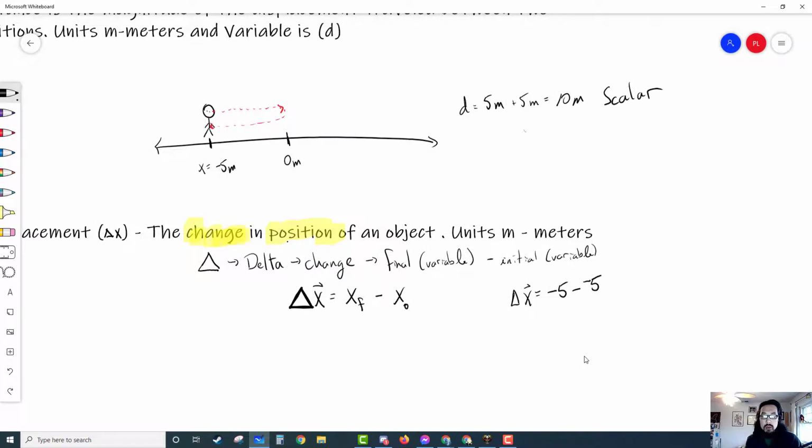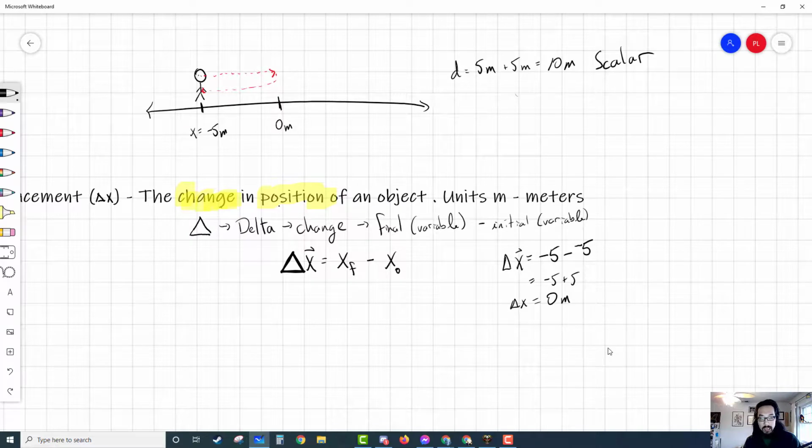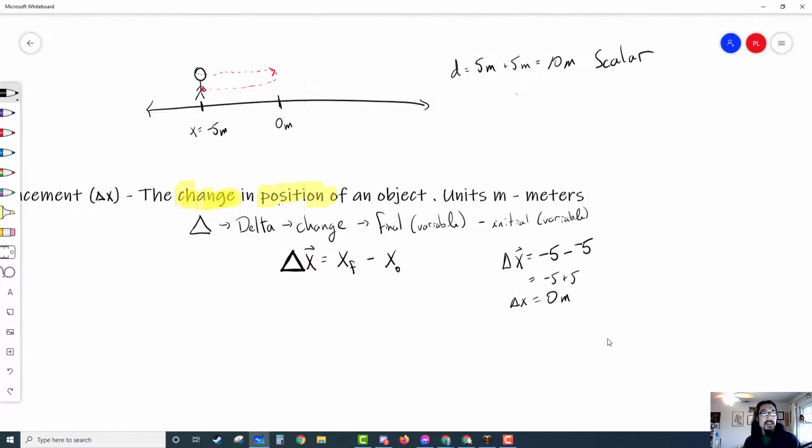Now, if we were to do this mathematically, we will get -5 minus -5, and that just turns into positive, so we get -5 plus 5, which gives me 0 meters. So what this tells us is that I had no change in position. It's as if I didn't move at all. Oftentimes it is also described as the shortest distance between your start and your end.